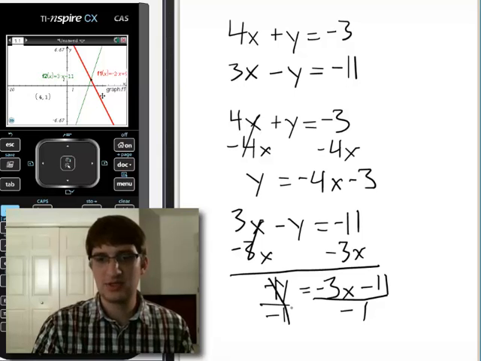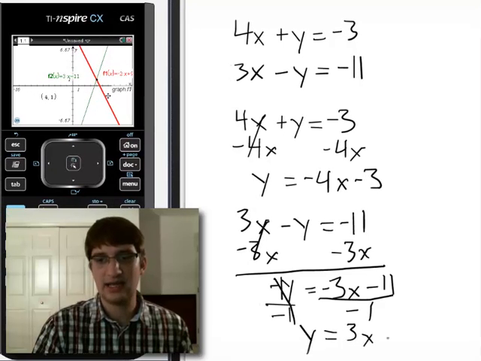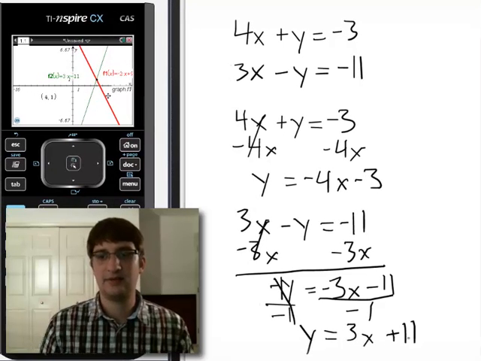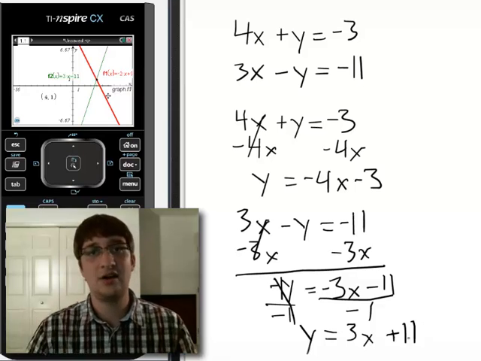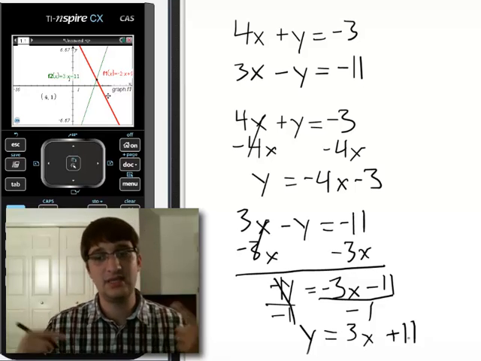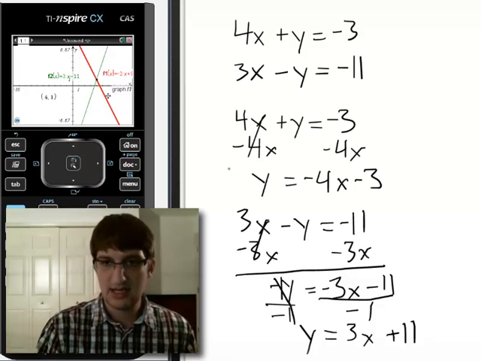So we're left with y equals a positive 3x plus 11. My 2 equations are y equals negative 4x minus 3 and y equals 3x plus 11.